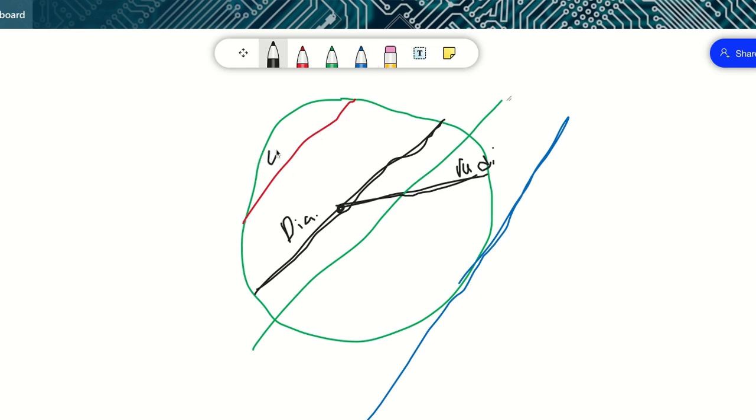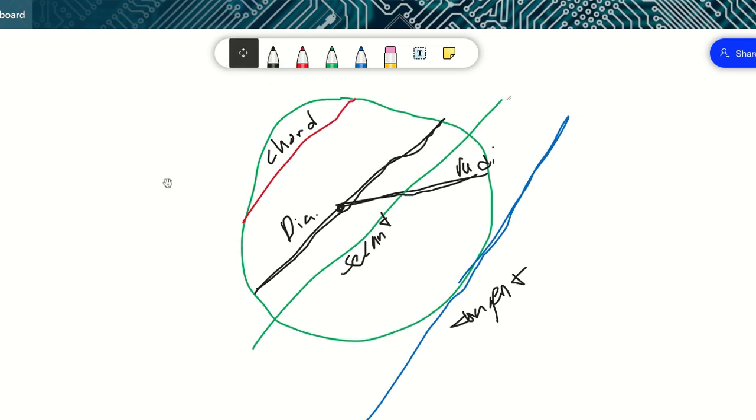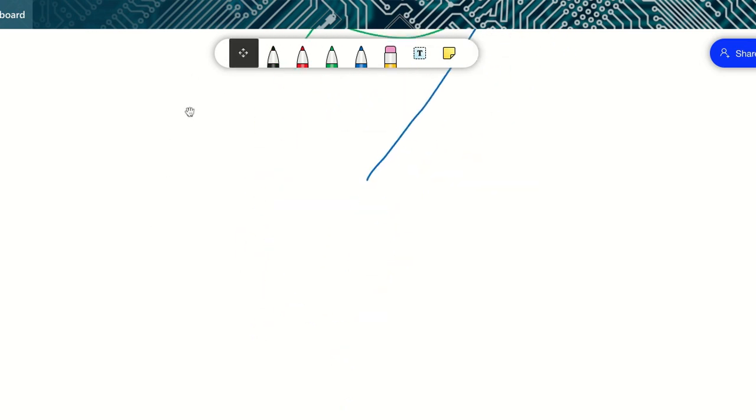It's not CORD, it's CHORD. And then this green line here is called the secant. And then this blue line here is called the tangent. Now that's just some more terms to know.